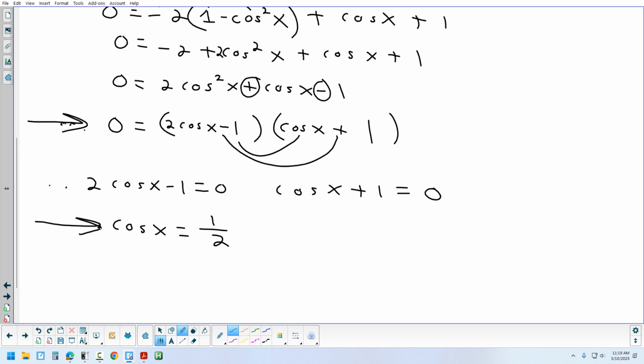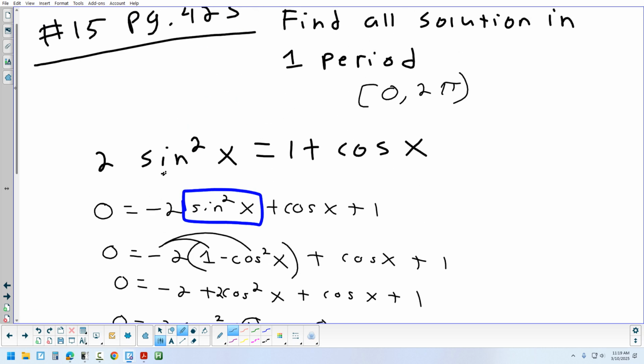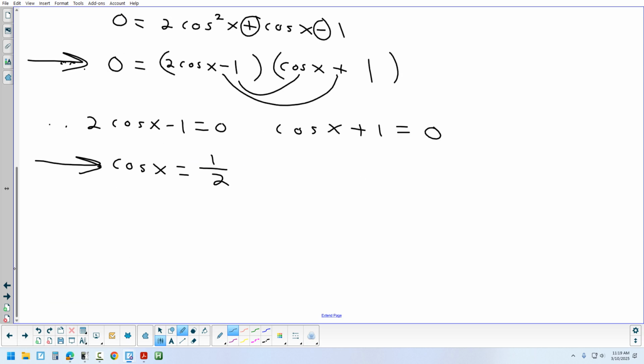The most complicated they could start you off with is the earlier step. All right, so there's that one, and the one on the right: cosine x equals negative 1. How are we going to solve both of them? Take the inverse cosine.